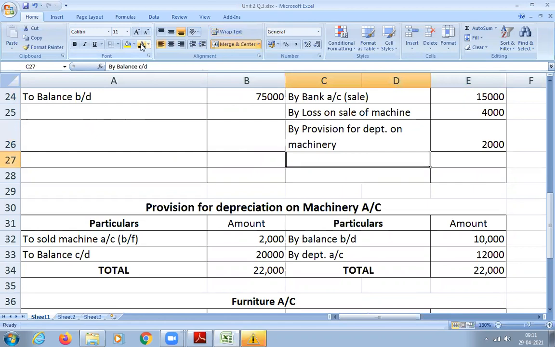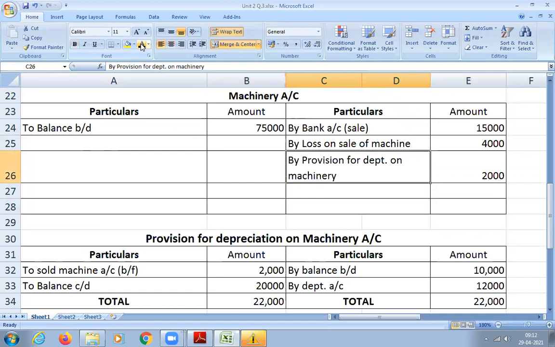Next, is anything else given about the machinery account? Any other sale, any purchase, anything he has given? If nothing is given, write down the balance carried down amount. It is 70,000. So please tally the account.